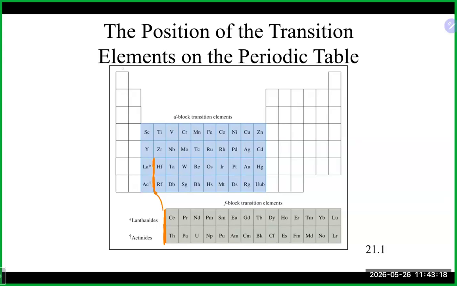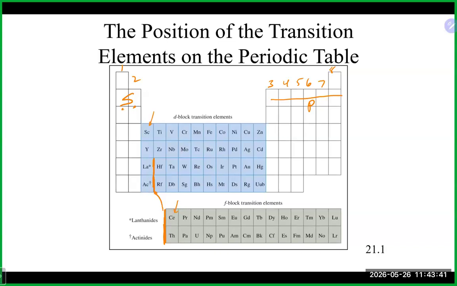As you may also remember, groups 1 and 2 are our S block because they can hold 2 electrons. Groups 3 through 8 are our P block. And our D block is over here, and this is our F block that happens here.